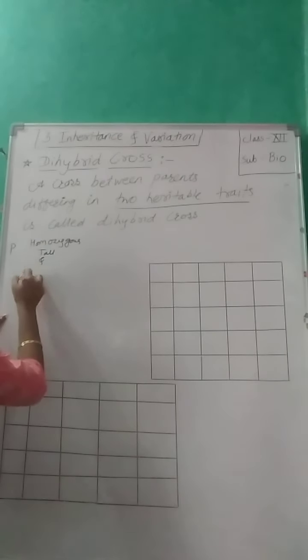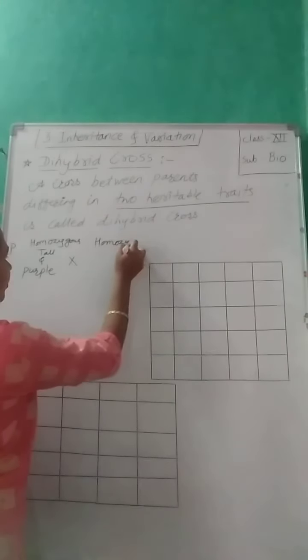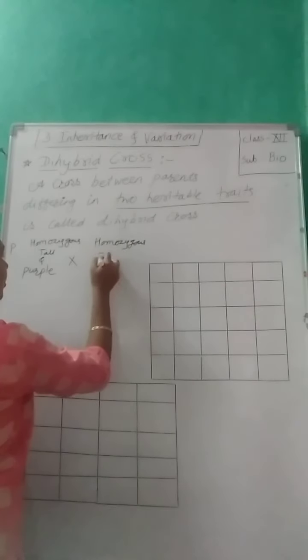So homozygous tall and purple was crossed with homozygous dwarf and white.